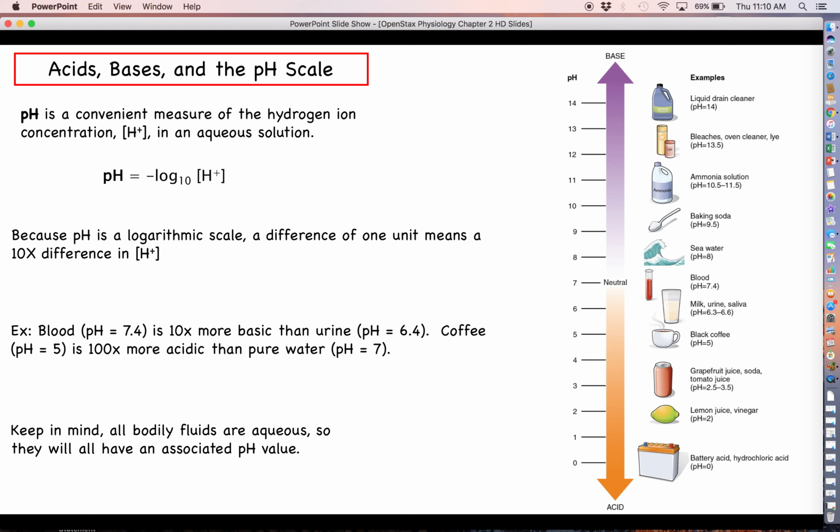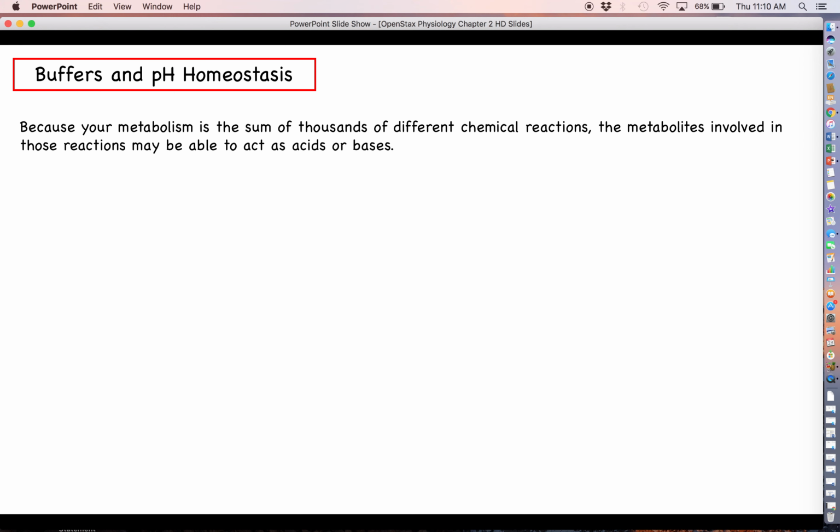So we want to be aware, therefore, that because all of our bodily fluids are aqueous in nature, they have different solutes contained within the water, all of our bodily fluids are going to have associated pH values. And that is going to be important because it's just another thing that we want to maintain homeostasis for.